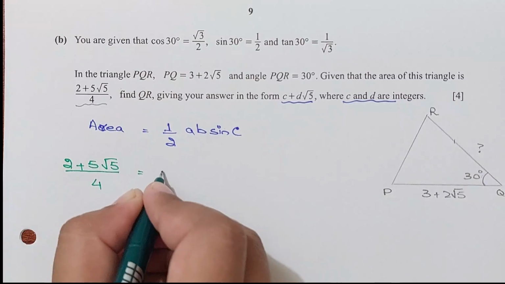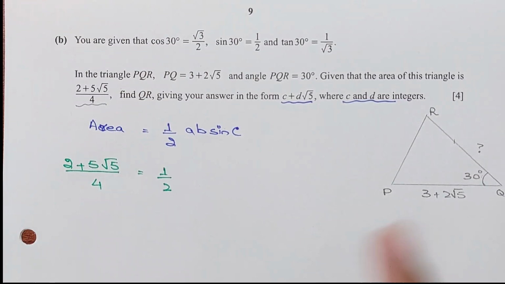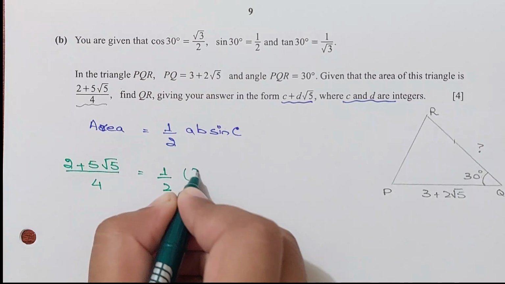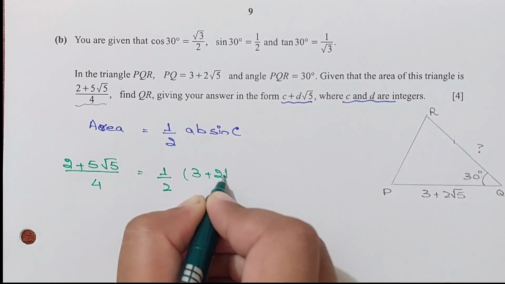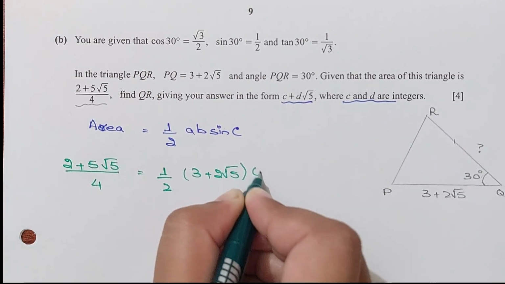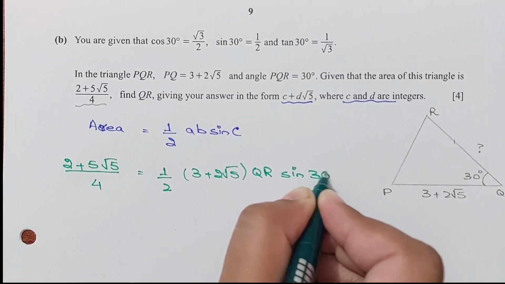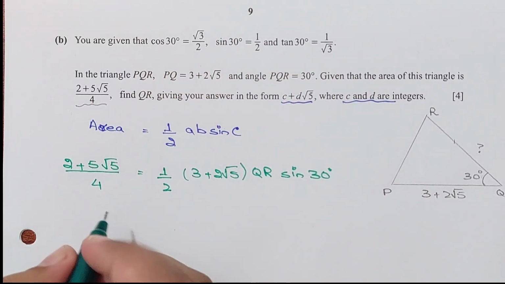This would be equal to half the product of two sides, which is PQ and QR, 3 plus 2 square root of 5 into QR, and sine of 30, which is given as 1 by 2, right?